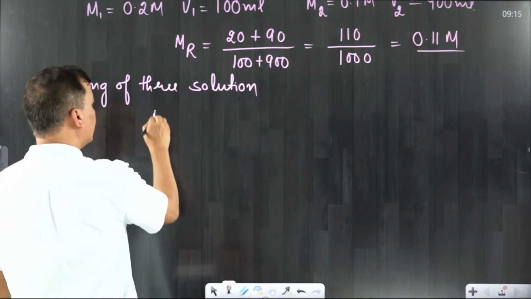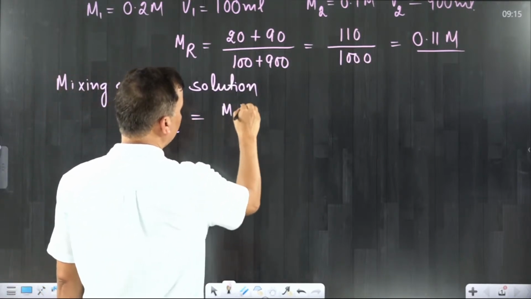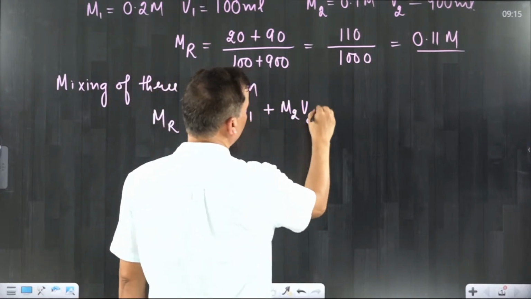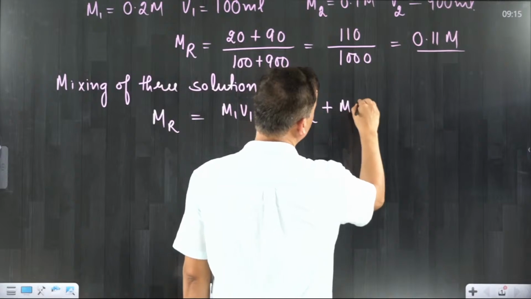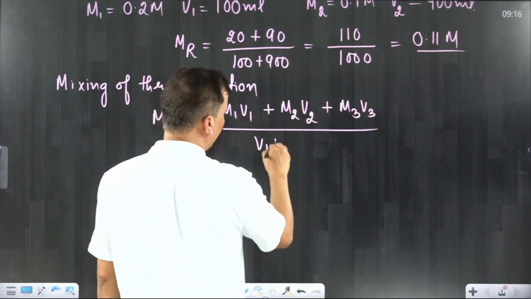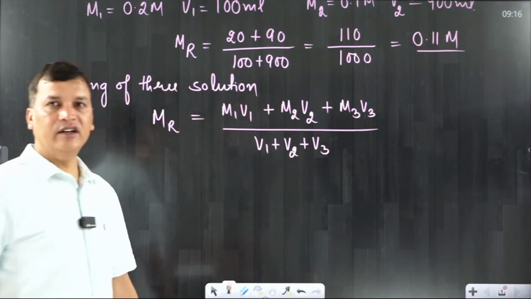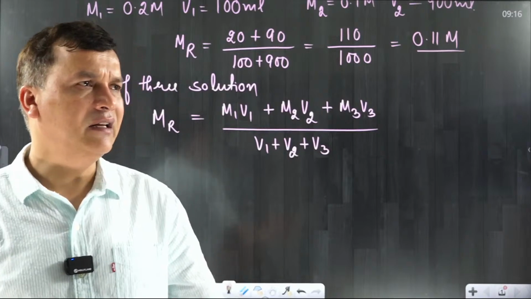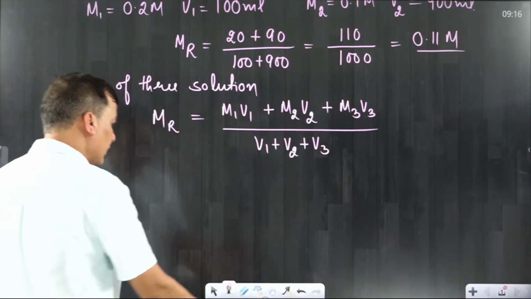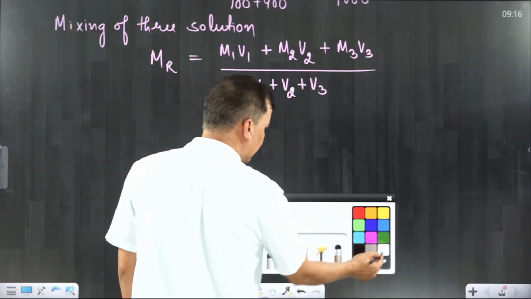The molarity of the resulting solution is equal to M1 V1 plus M2 V2 plus M3 V3 upon V1 plus V2 plus V3. Is that clear? It is the same formula; instead of two solutions, here we have three solutions. To understand this concept, I am writing one simple question here.